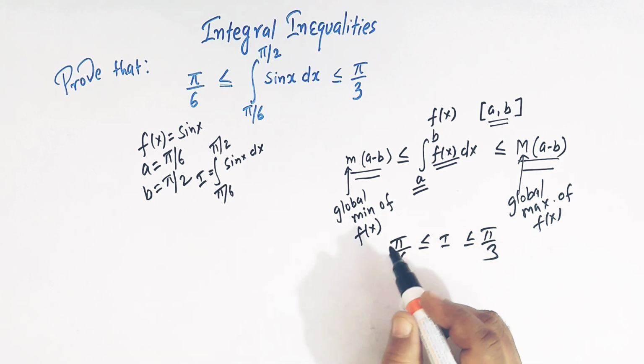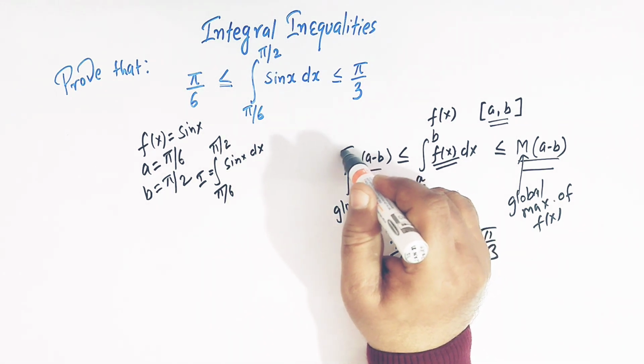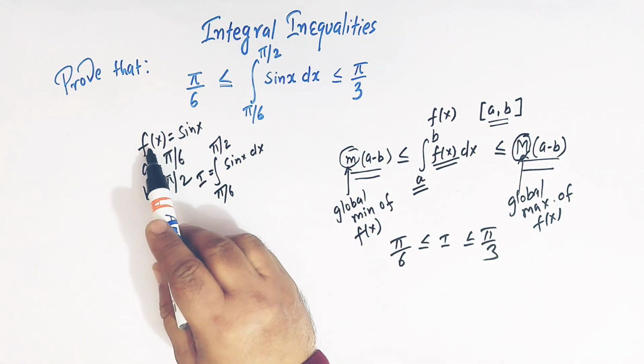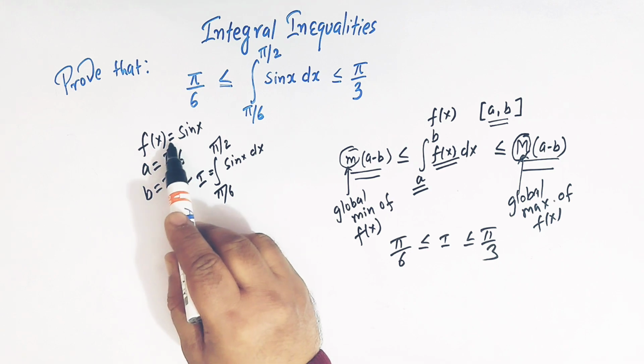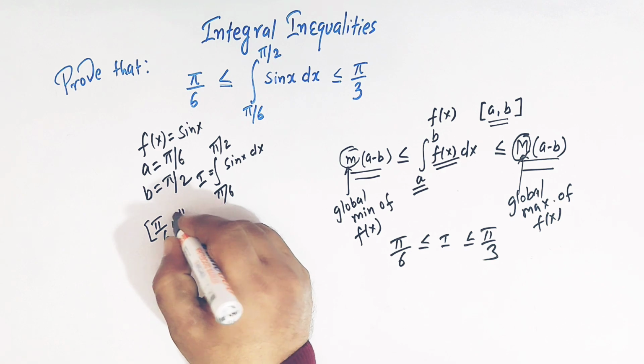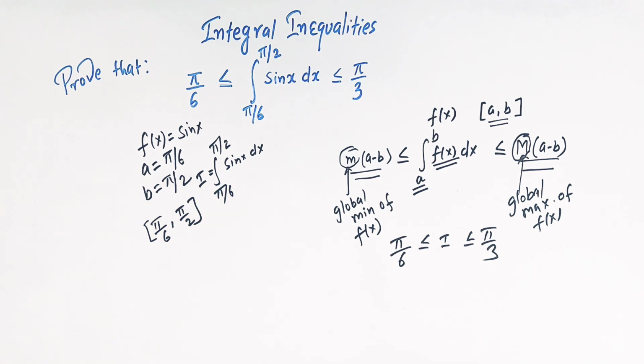So we have to find the value of small m and capital M for this function f of x, that is sine x, in the interval pi by 6 to pi by 2.